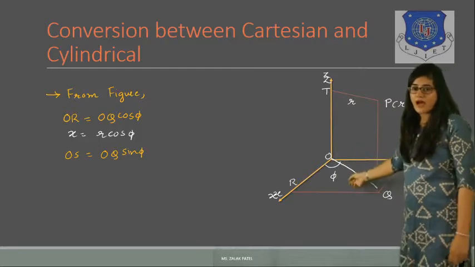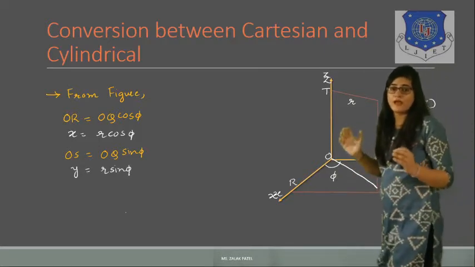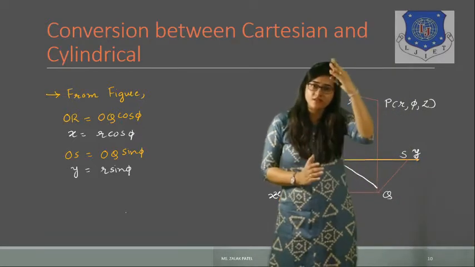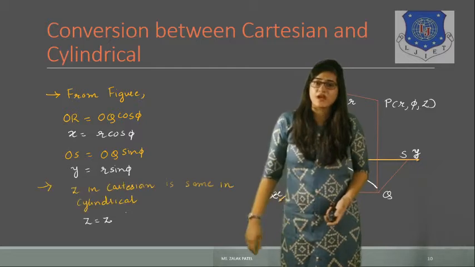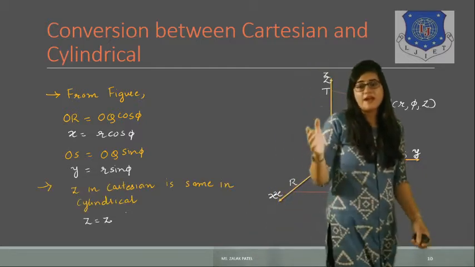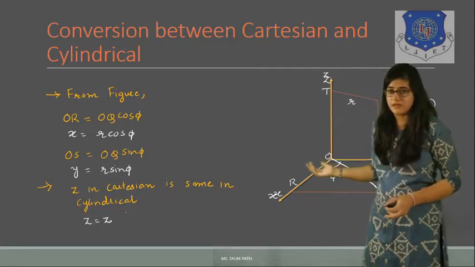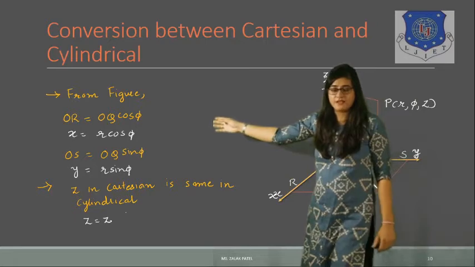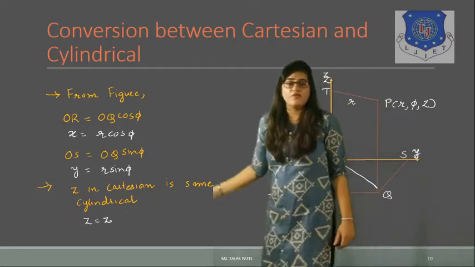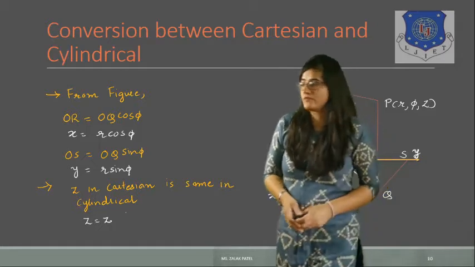OQ is nothing but R, so y will be R sin phi. And z is the same for Cartesian as well as cylindrical, so z will be z. This is the relation between the Cartesian and cylindrical systems: x equal to r cos phi, y equal to r sin phi, and z equal to z.